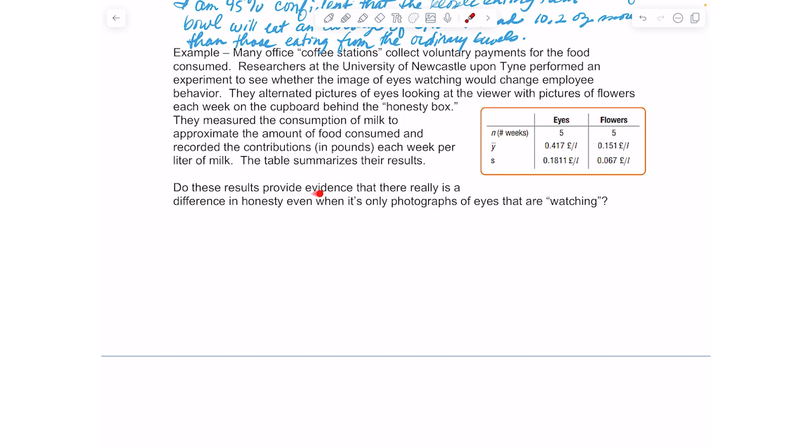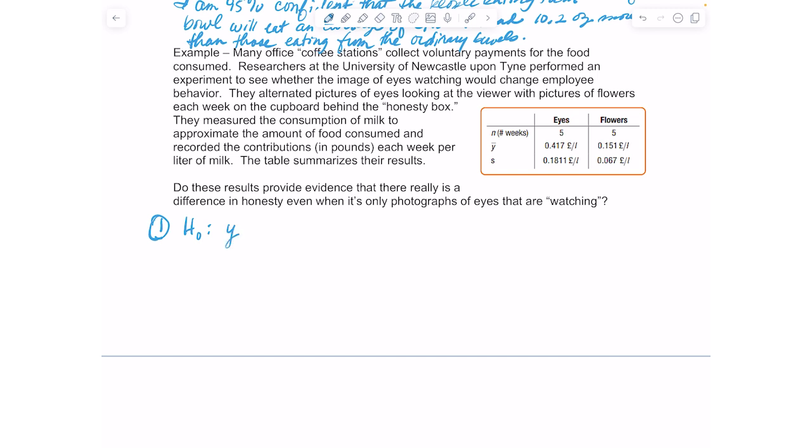Do these results provide evidence that there really is a difference in honesty, even when it's only photographs of eyes that are watching? So here we're looking for evidence, so we are going to perform a hypothesis test. We're going to assume our significance level is 5% since they don't say. So my hypotheses here, we're comparing, and this time we're dealing with means, right?